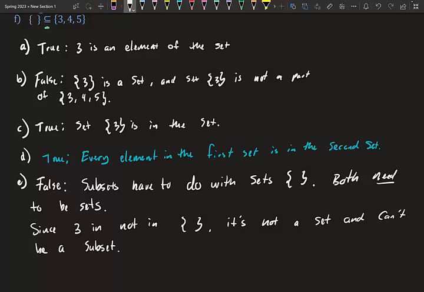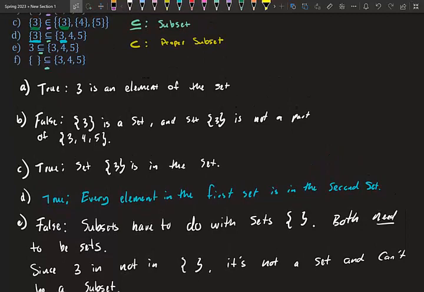So, subsets have to do with sets. Those are the braces. Both need to be sets, so your left and your right side need to be sets. Since 3 is not in braces, it is not a set and can't be a subset.